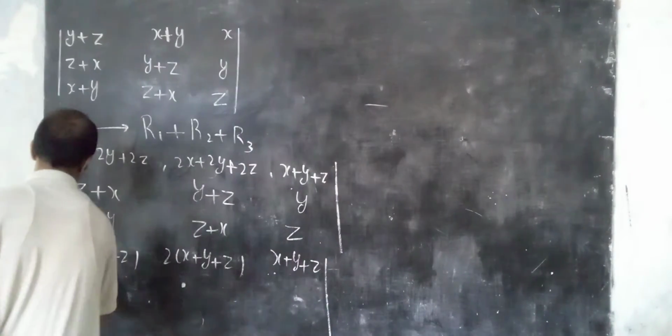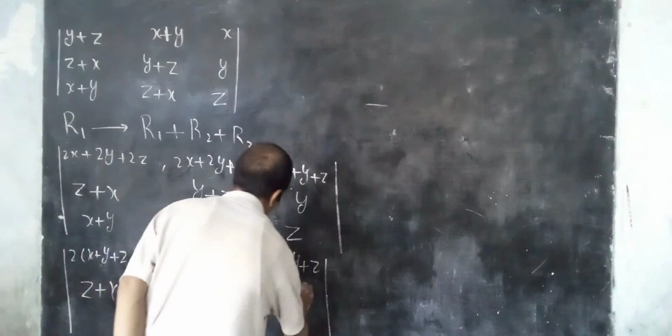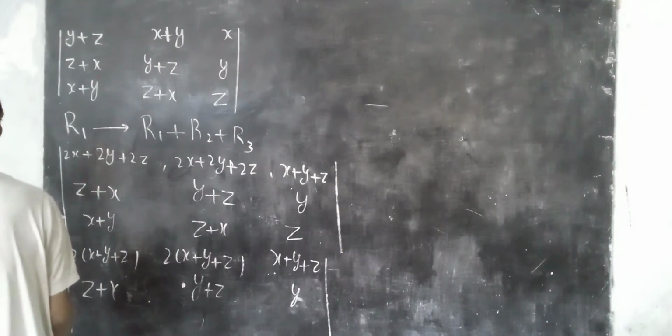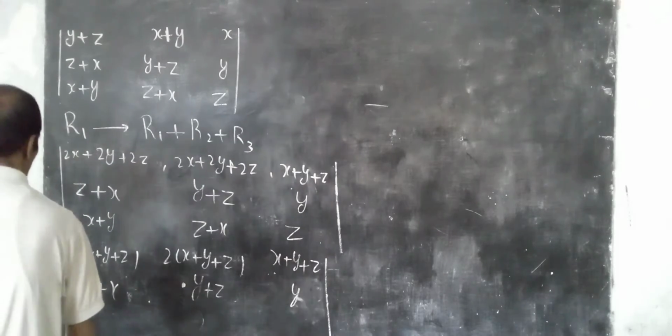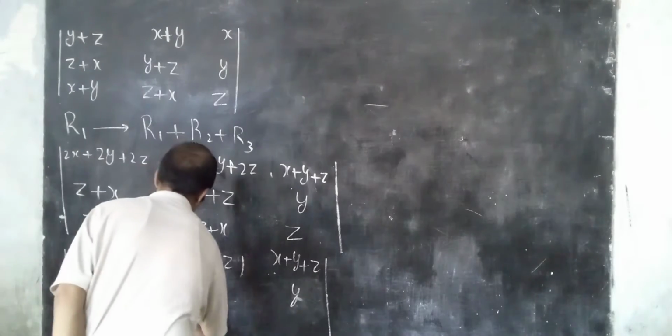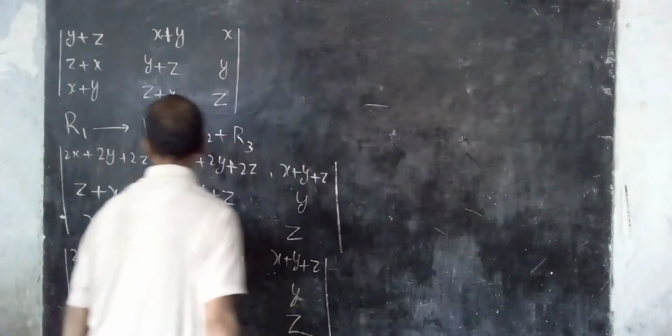So this is your z plus x, y plus z, and y. This is your x plus y and z plus x and z.